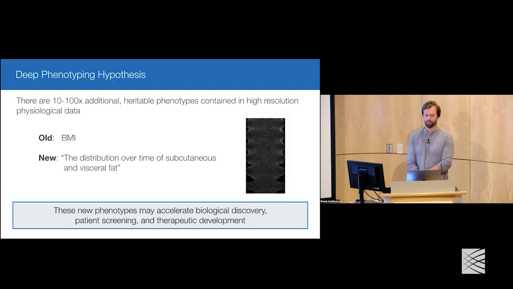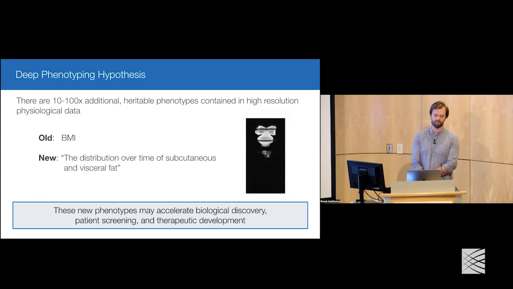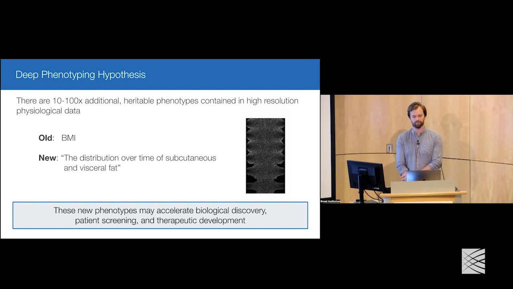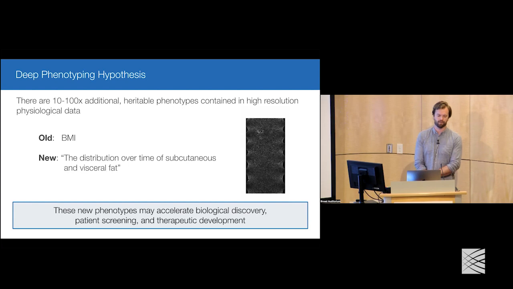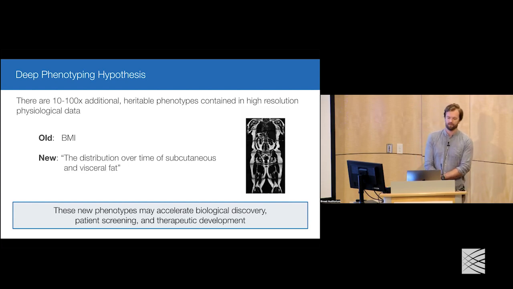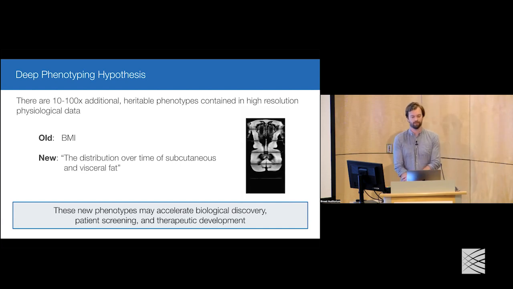Most of our work is based on what we call the deep phenotype hypothesis. Many phenotypes are commonly used in clinical research. The classic example is the body mass index. We hypothesize that more traditional phenotypes like this are relatively crude or low resolution.